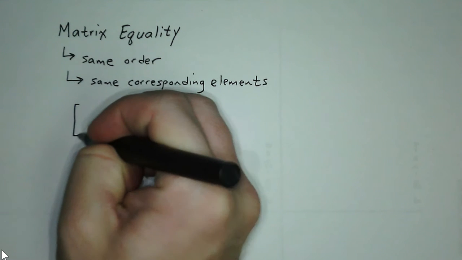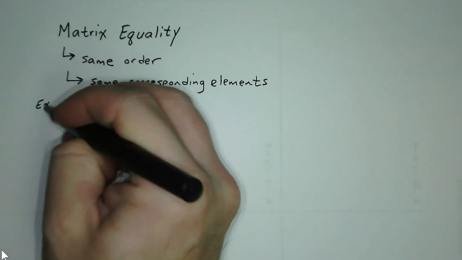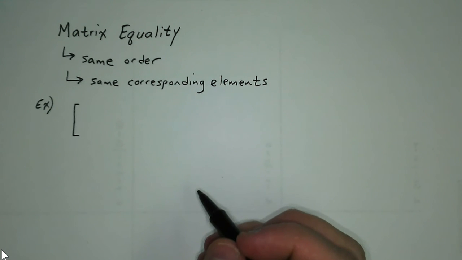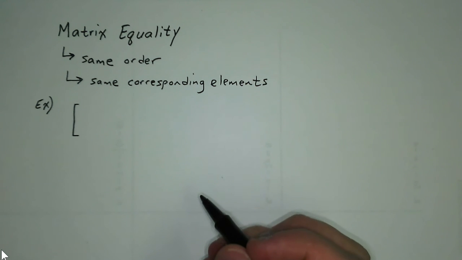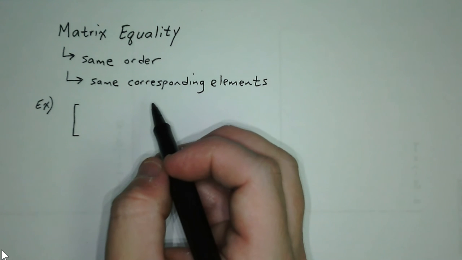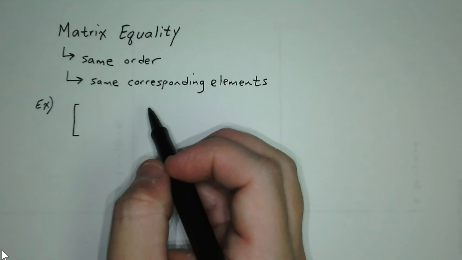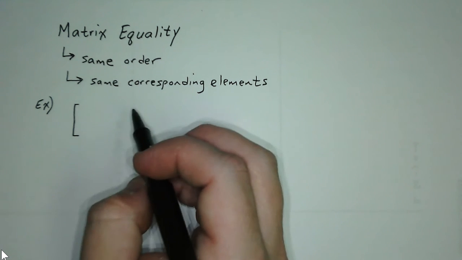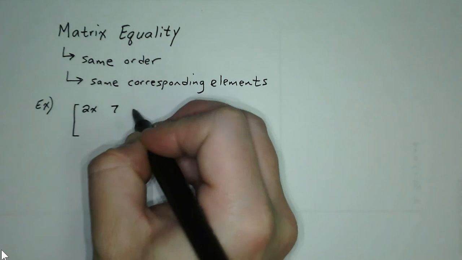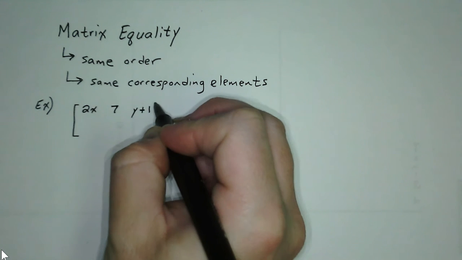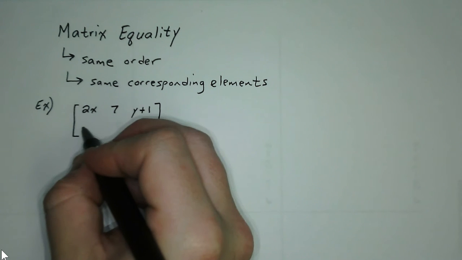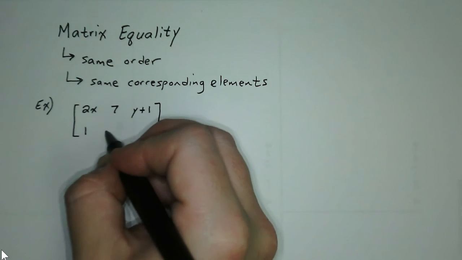So if I were to contrive some cheap example to kind of address matrix equality, maybe something like this, which you will probably see on your homework.